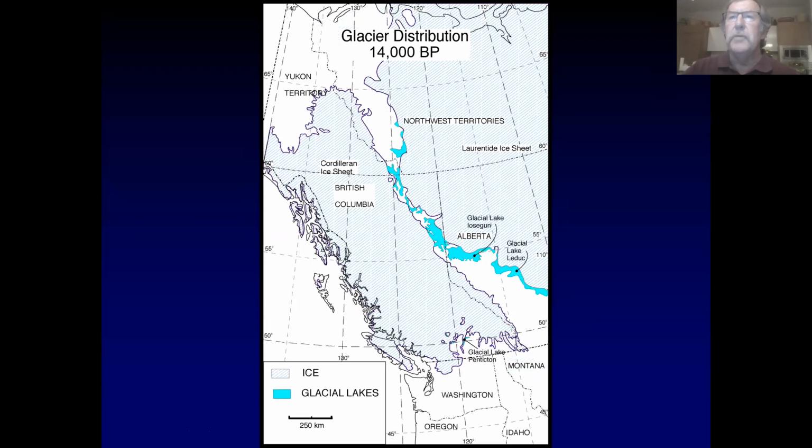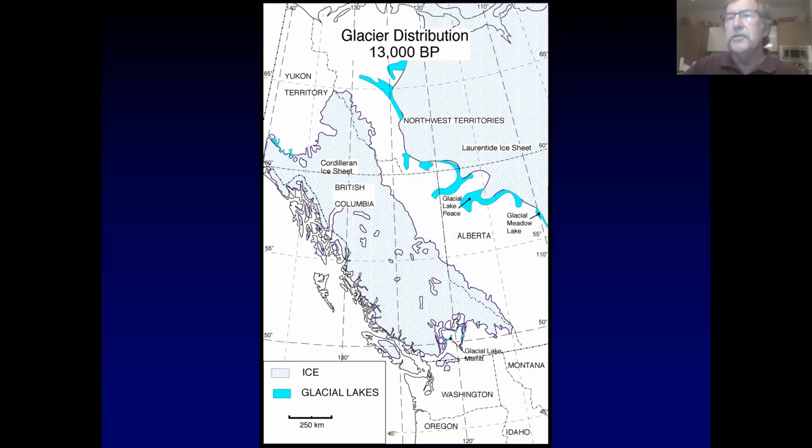And by about 14,000 years ago, maybe a little earlier, the two ice sheets had separated. Both ice sheets were still very large at this time, but they had separated, and glacial lakes were expanding and evolving as the Laurentide Ice Sheet pulled back towards the east.